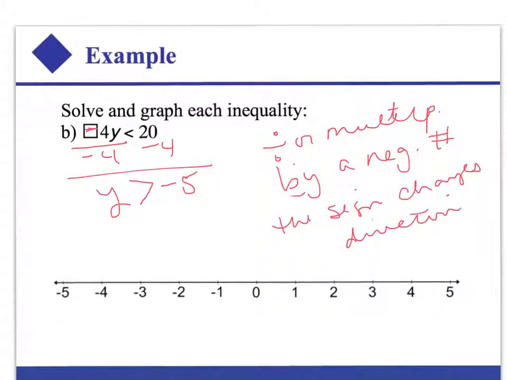And that's messy, I wish you could see how I have to write on this sometimes. But y is greater than negative 5. So I'm going to put my greater than symbol, and I'm going to shade everything to the right. It's greater than negative 5.